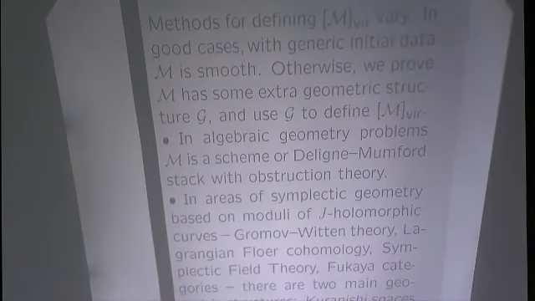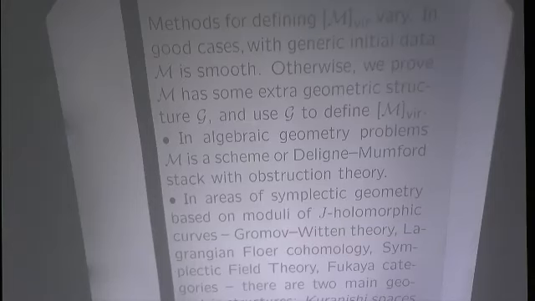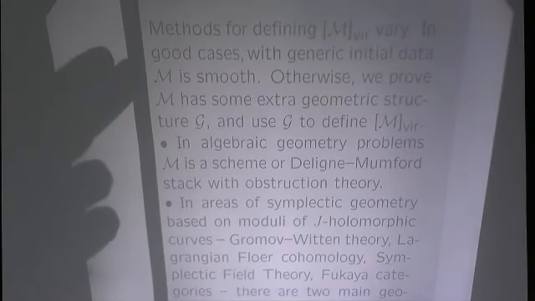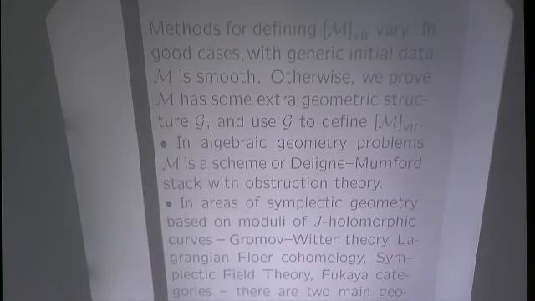So methods for defining virtual classes vary, particularly across the divide between the differential geometry side of things and the algebraic geometry side of things. In some nice cases, particularly in differential geometry, sometimes you can arrange for your moduli space M to be a smooth manifold. For instance, in Seiberg-Witten theory, with a generic choice of metric, you'll get smooth moduli spaces.